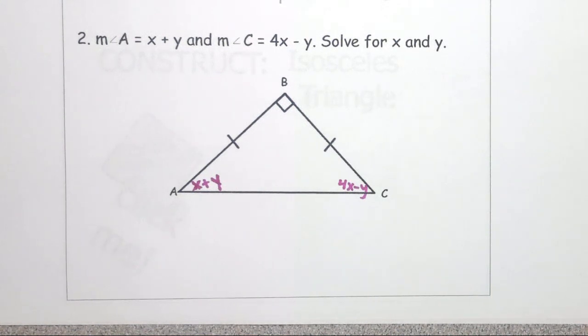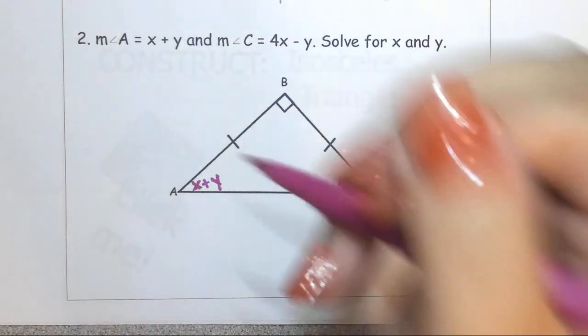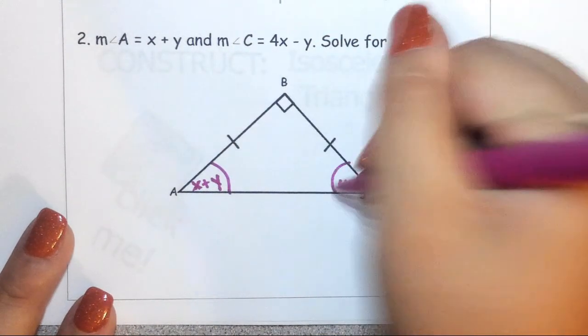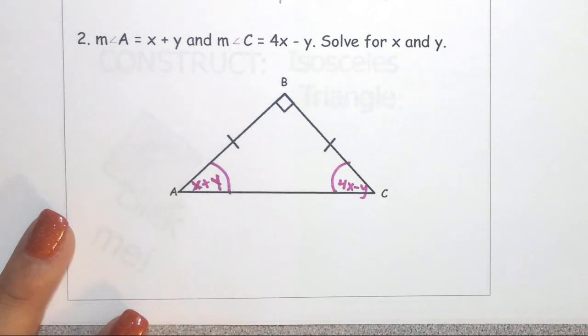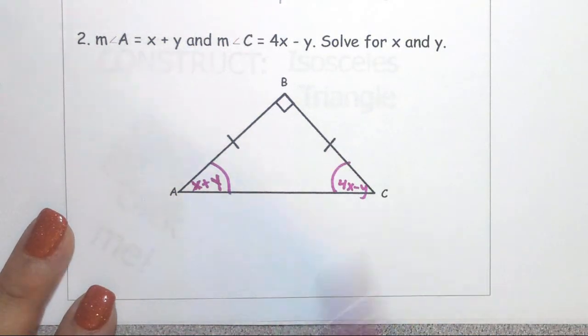Okay. What do I know? What do I have here? I have a 90 degrees and I have isosceles. So what do I know about these 2 angles here? A and C are going to be congruent because they're opposite my congruent sides. So can I set up an equation?